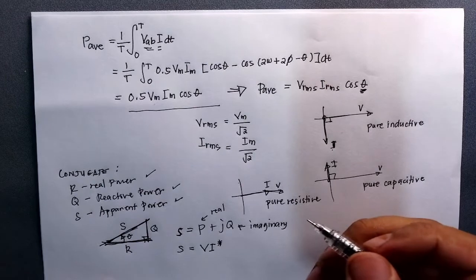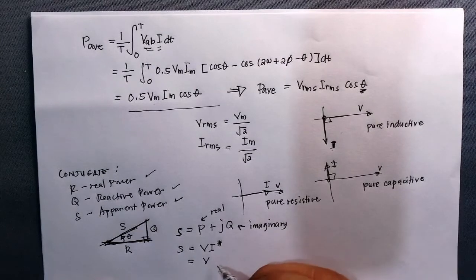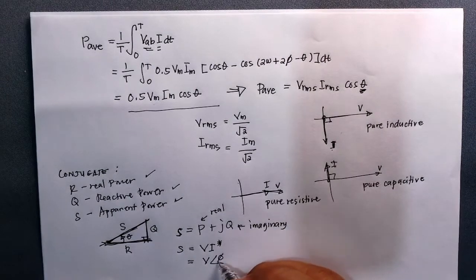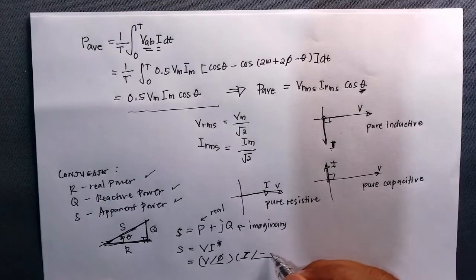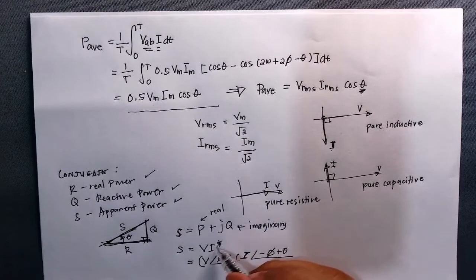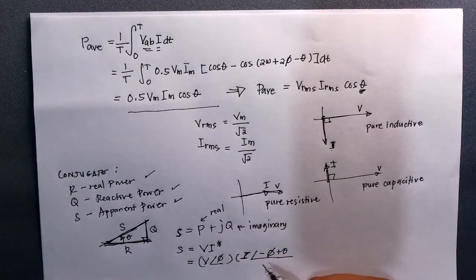Okay, so V here has a value of V at angle phi, and your I, which is italicized, has negative phi plus theta, or it is written here in conjugate form.